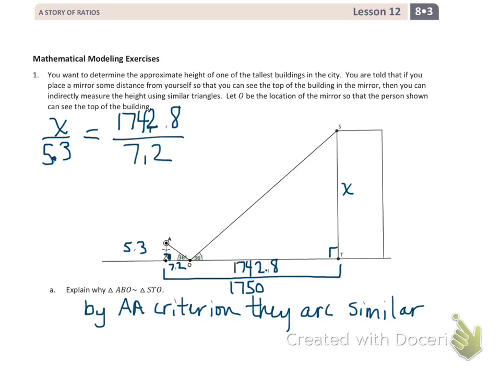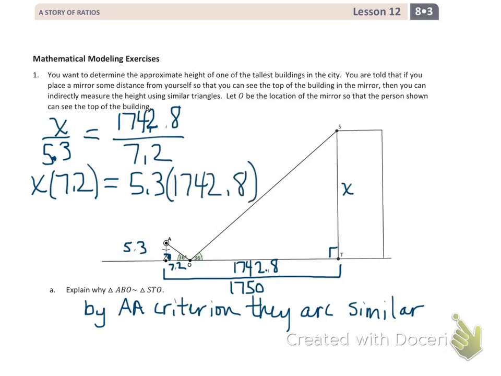Those are the corresponding sides. To solve this, I would set the cross products equal. So x times 7.2 is equal to 5.3 times 1,742.8.